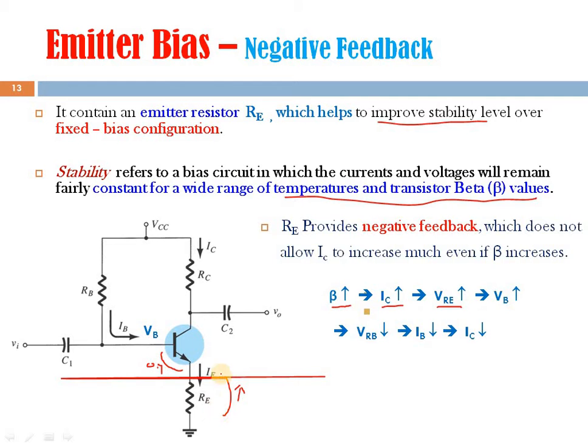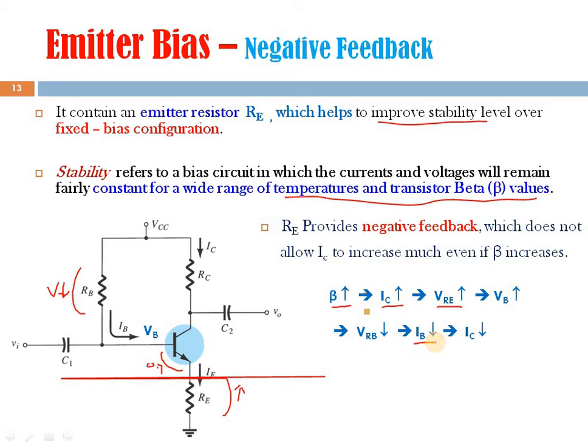So if this voltage is increasing, this VB will increase, and if this VB is increasing, the voltage across this will reduce. Why? Because this VCC is fixed, VB is increasing, so the voltage across this will decrease, and because this voltage is decreasing, base current will decrease.